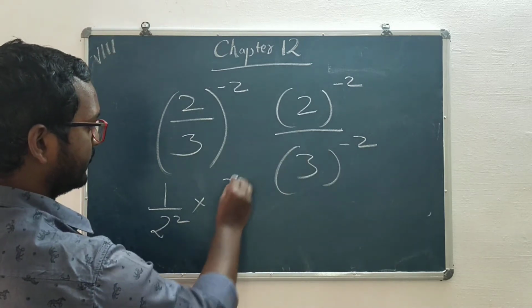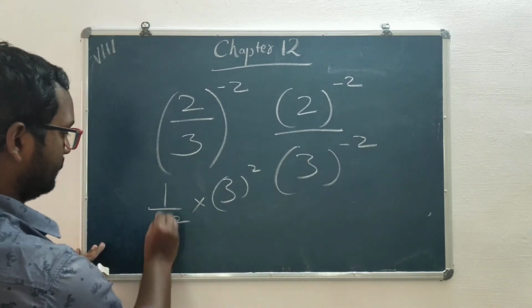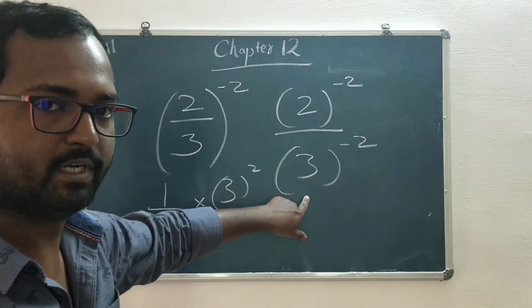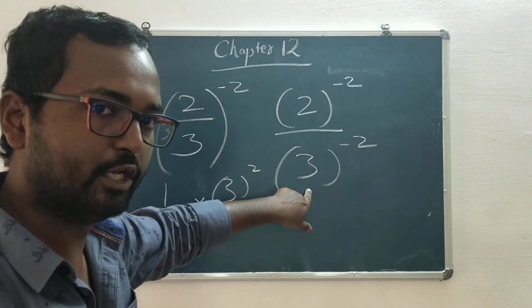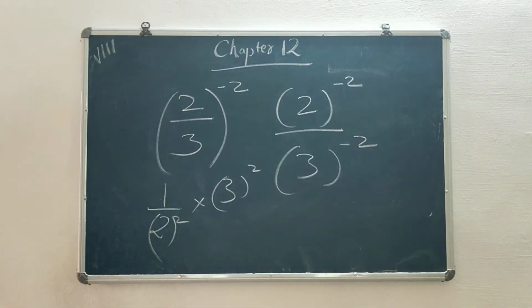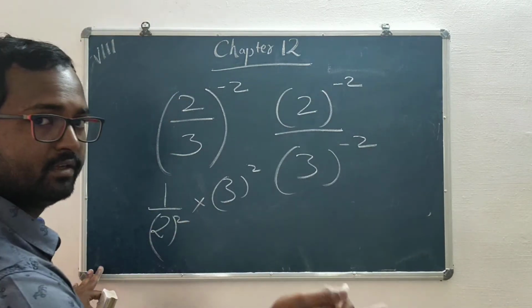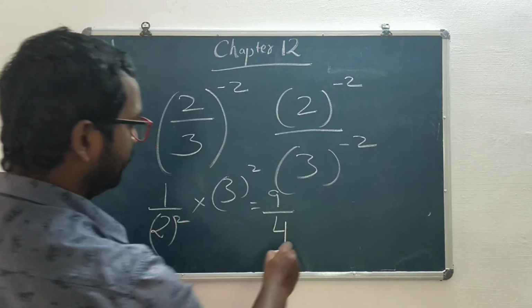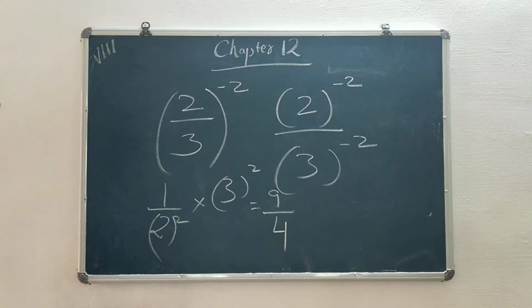Power minus becomes the reciprocal. The number which is in the numerator will go to the denominator, and the number which is in the denominator with power minus will go to the numerator. So the answer will be 3 power 2 divided by 2 power 2, which is equal to 9 by 4.